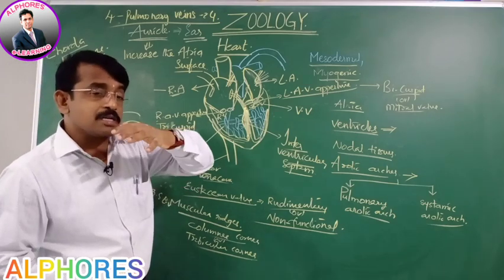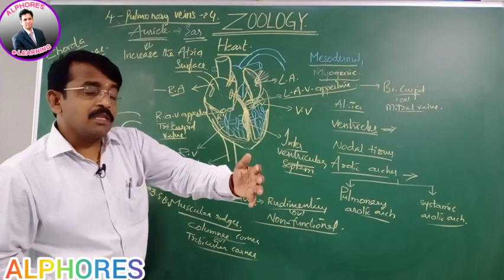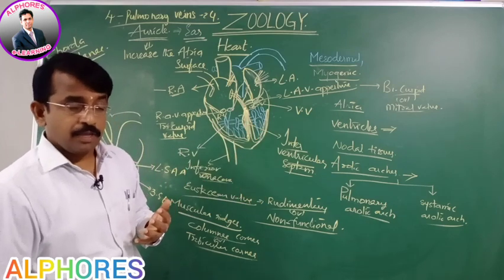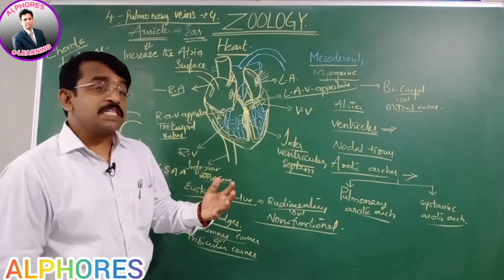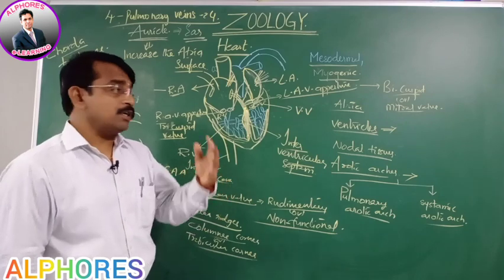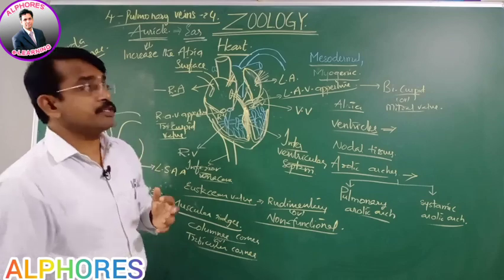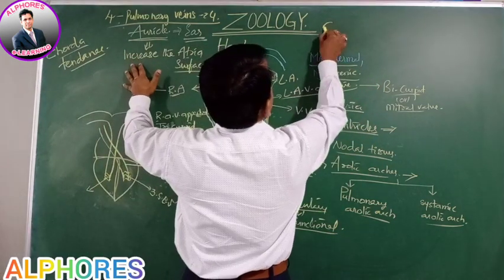The coronary artery supplies blood to the walls of the heart, and the blood brought by the veins from the heart walls into the right atrium is named the coronary vein.